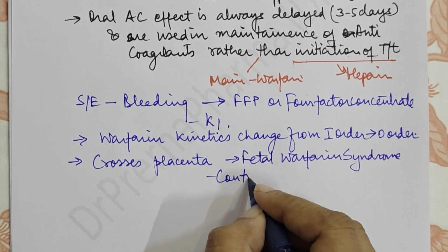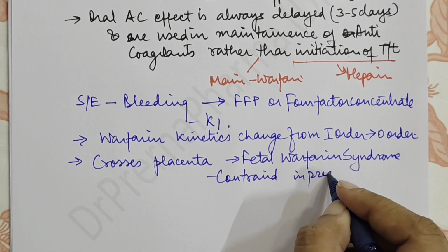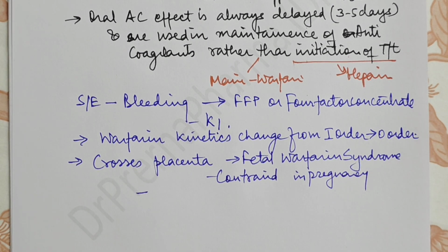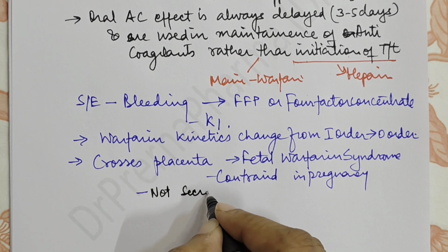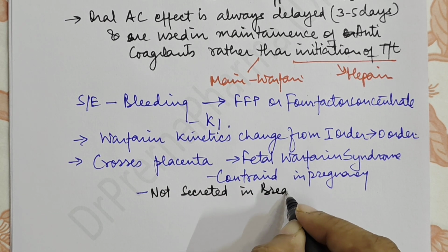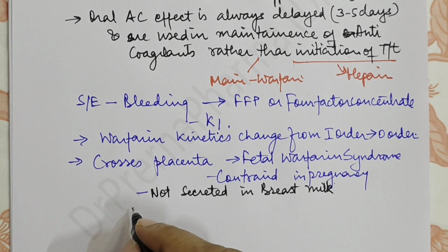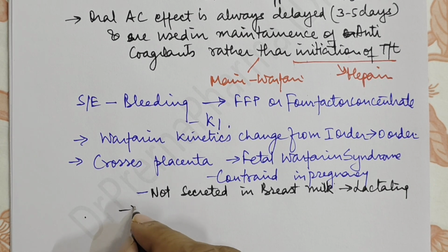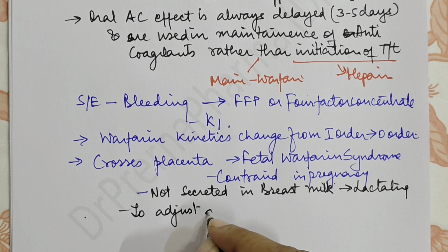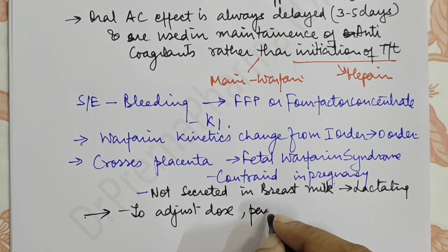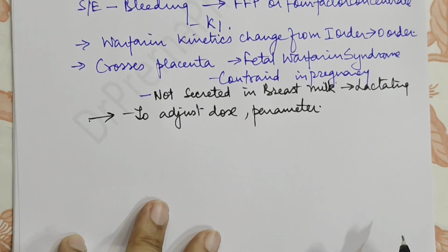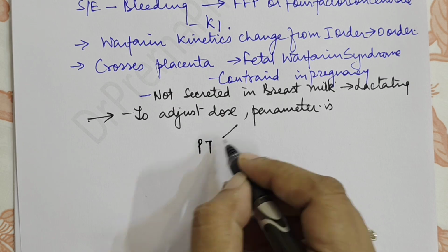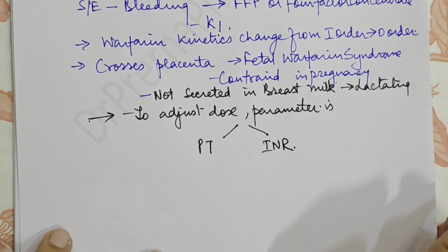However, it is not secreted in breast milk, so you can give it to lactating mothers. To adjust the dose, the parameters seen for warfarin are prothrombin time and INR. These are the two parameters.